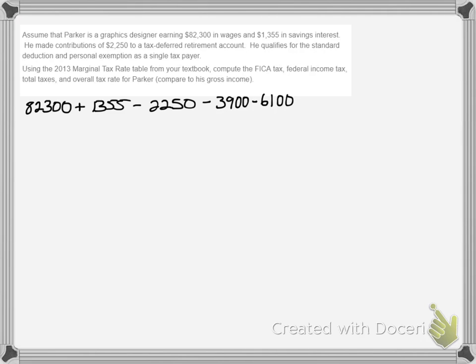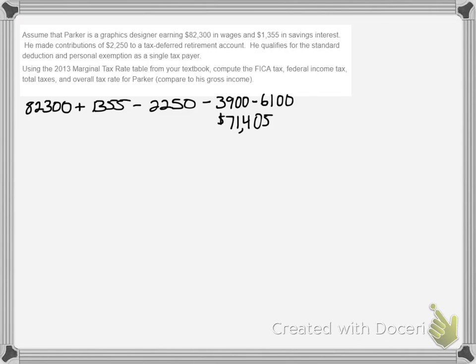So 82,300 plus 1355 minus 2250 minus 3,900 minus 6,100, we get 71,405. Those numbers, 3,900 for the personal exemption and 6,100 for the standard deduction, are the standard ones you're going to use for all of these questions.